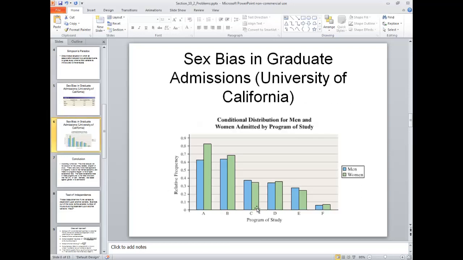So when we look at it with this new category, the program of study, the idea here is, if there were 4 women applying in this area and 80% of them got accepted, well, maybe that's 3. Over here, though, if we have 5,000 men that applied, but only 60% of them got admitted, then that's a lot more in number. So when you look at the grand total, it skews it.